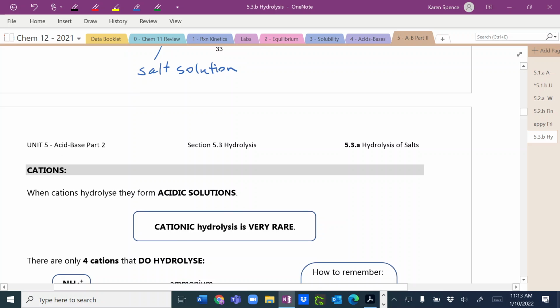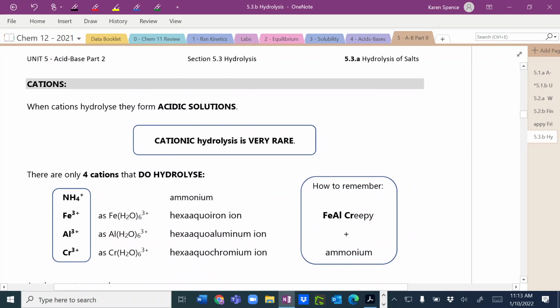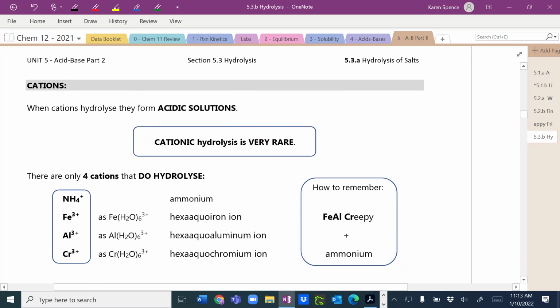So let's start by focusing in on the cations. Whenever cations hydrolyze, they always form acidic solutions. So cations always form acidic solutions. And you don't have to memorize that, because if you look at the cations that do hydrolyze, they do it by giving away a hydrogen.